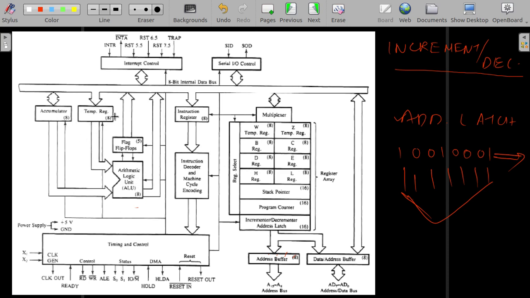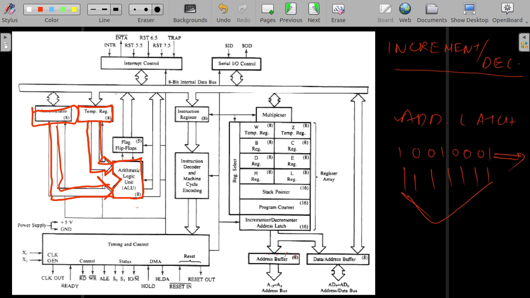We have established these two connections, and we establish the data bus, right? ALU, our temporary register, our accumulator.